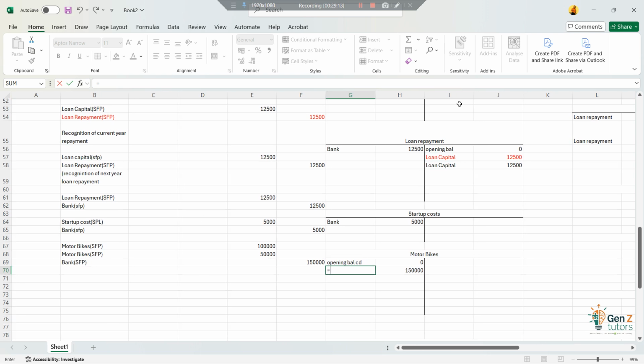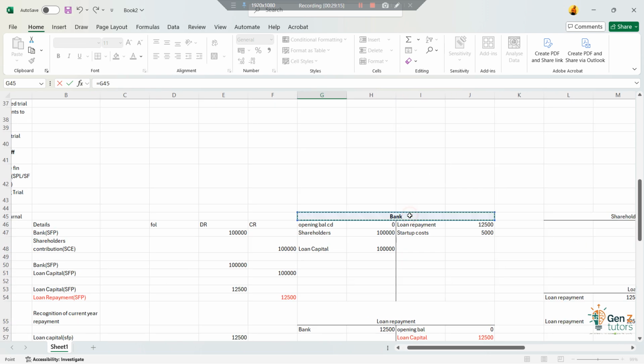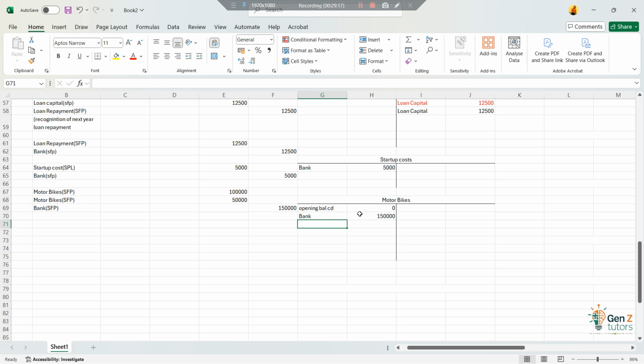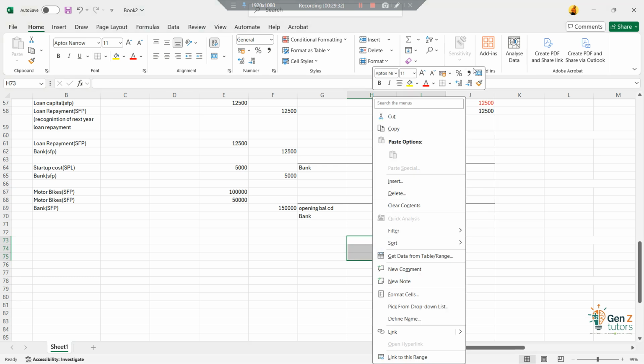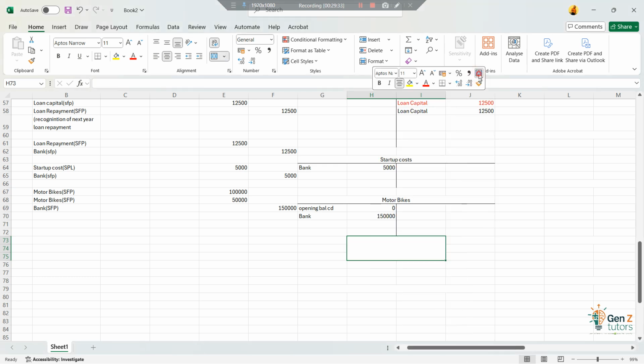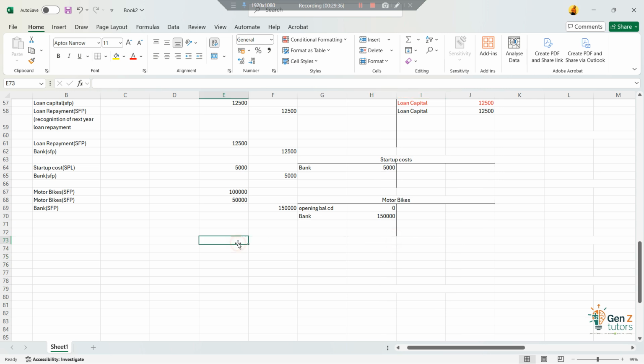Motorbikes are an asset. Since they are an asset, they have a debit balance, and the opening balance carried down at the beginning of the year was nothing, obviously, since we just started the company. Total motorbikes are 150,000.